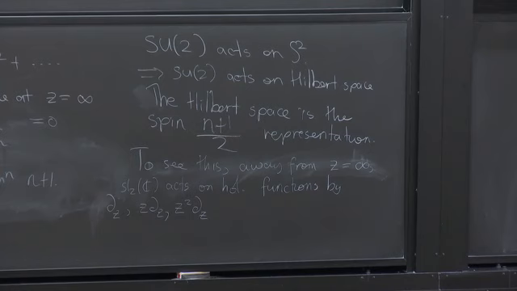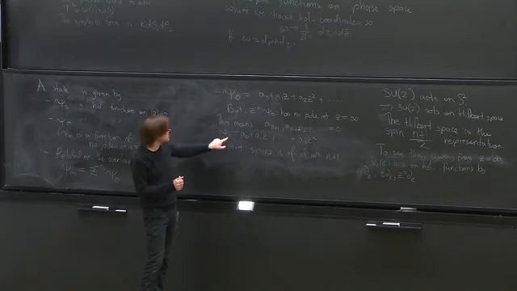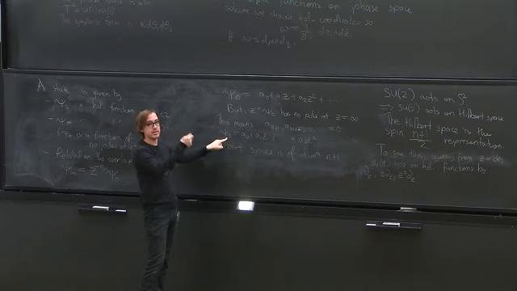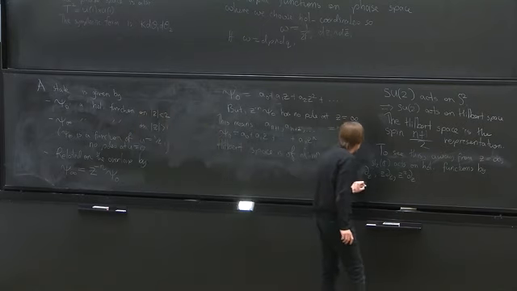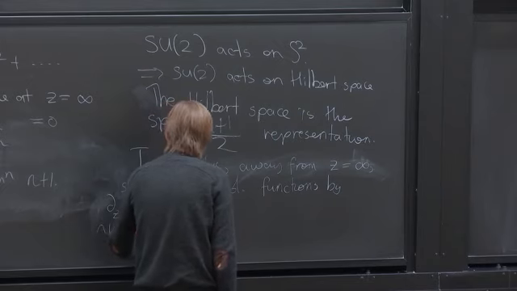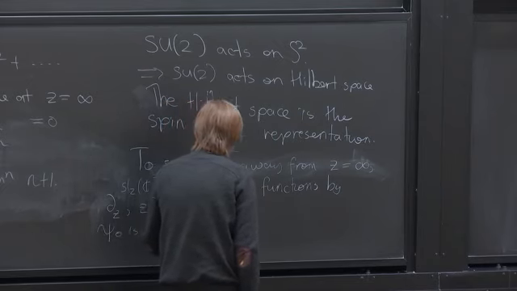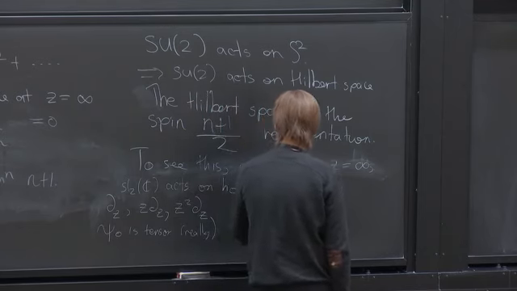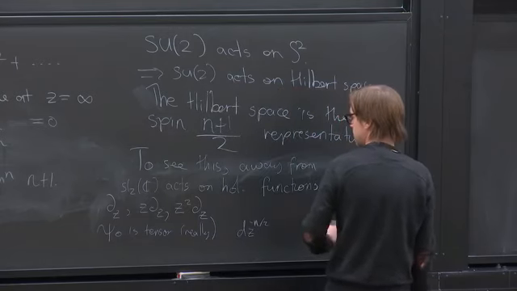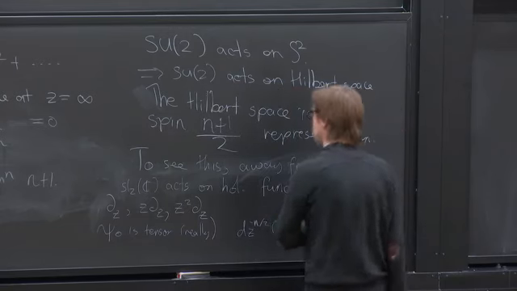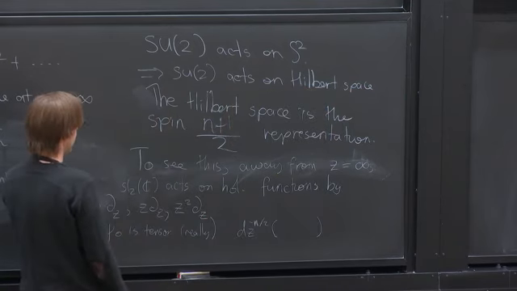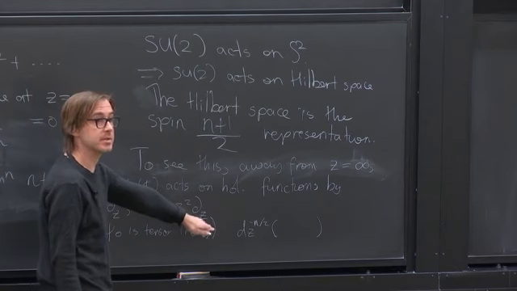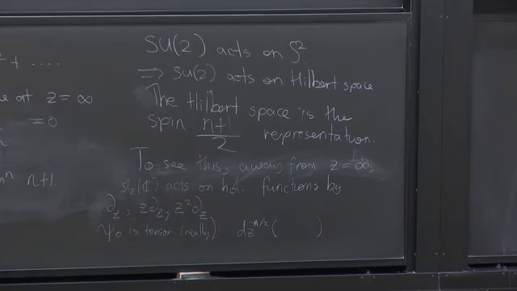Well, there's a slight subtlety which I didn't really explain. Psi 0, because of the presence of this line bundle, isn't really a function. It's a tensor which starts with dz to some power. Psi 0 is a tensor. It really looks like dz to the power of minus n over 2. And then you can check, if you want to calculate it, that these vector fields give you the spin n over 2 representation of SU2.